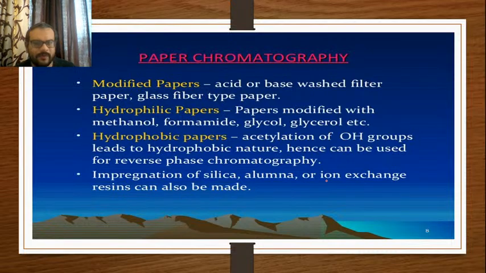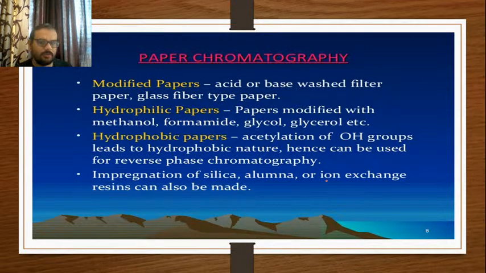Now if you have a certain amount of organic solvent which is not easily separated out using simple Whatman filter paper, you need to treat it so that it becomes available for the separation purpose to act as a stationary phase.